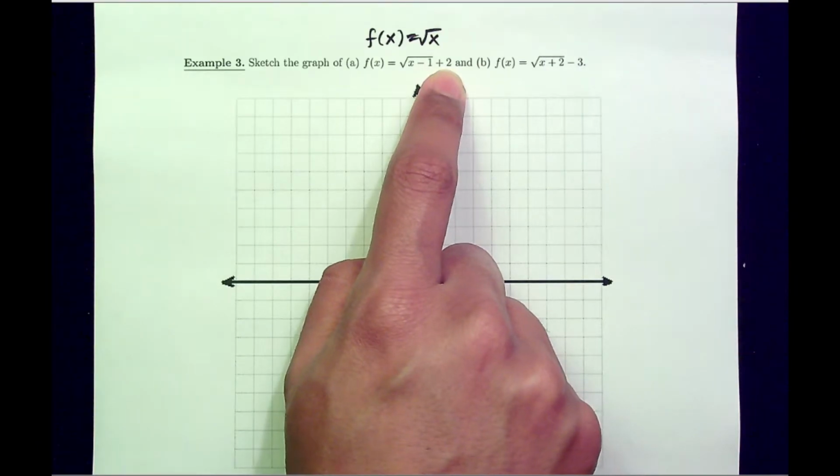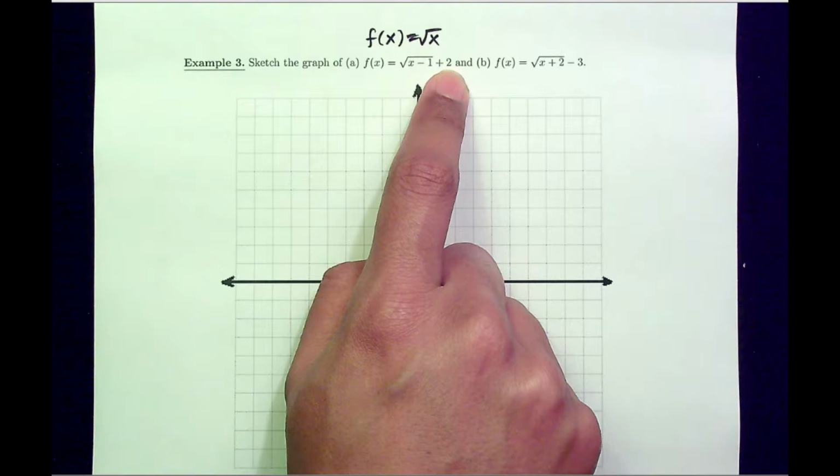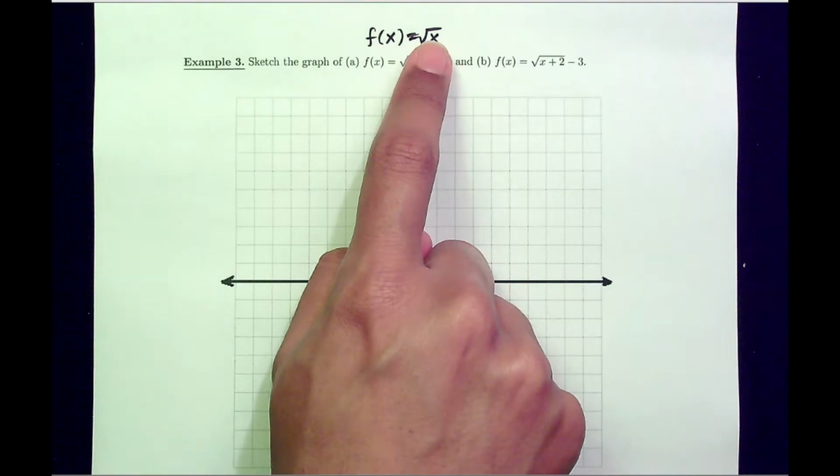Okay, the one that happens outside is a vertical shift. Remember, when you add or subtract things outside, that means you're moving the function up or down. So this is telling me that I'm moving the whole thing up by 2. And then this minus 1 is happening inside the original square root function.